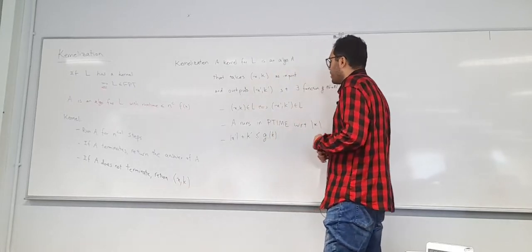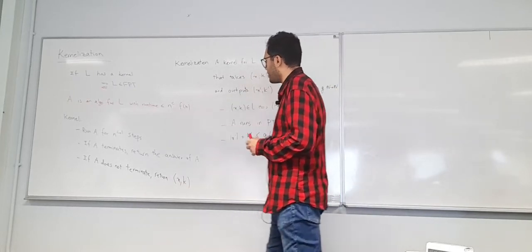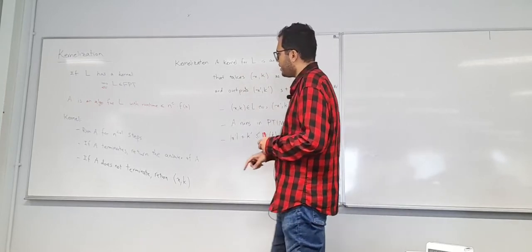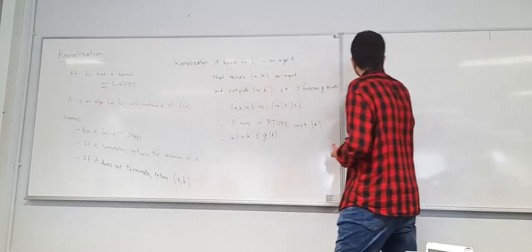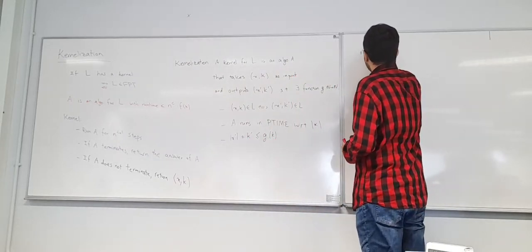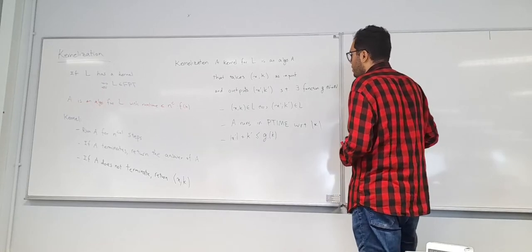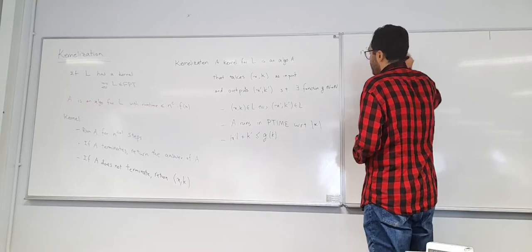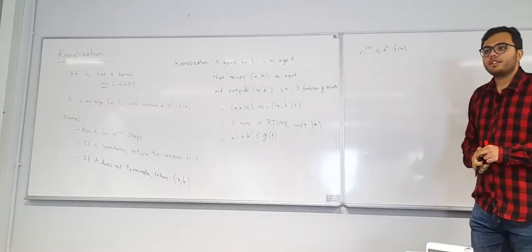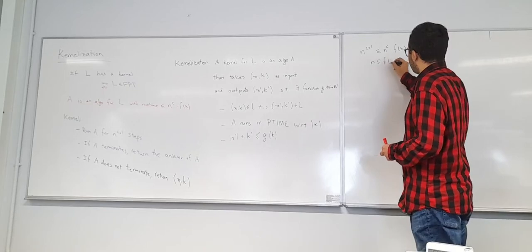I know that my algorithm would terminate in these many steps, but it didn't terminate in n to the power of c plus 1 steps. So I should definitely have n to the power of c plus 1 is less than or equal to n to the power of c times f of k. But this basically means that n was less than or equal to f of k.